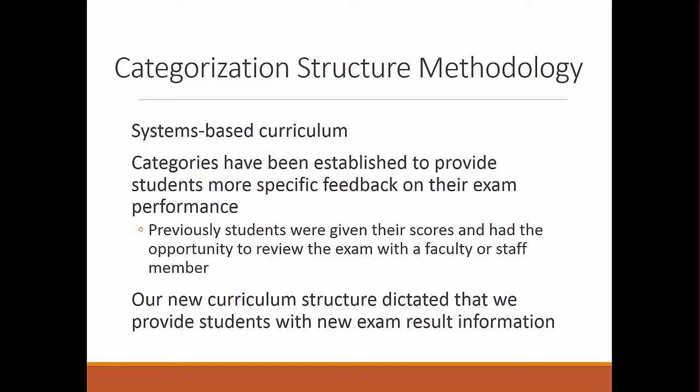So let's say hidden in that 85% is the fact that you did really well on the pharmacology questions. You got 98% of those correct, but you only got 64% of the histology questions. Previously the students just saw that 85 and they were okay with that. Now they might see, I only got 64% on histology questions, so I'm pretty solid on pharm. I just about aced that section.